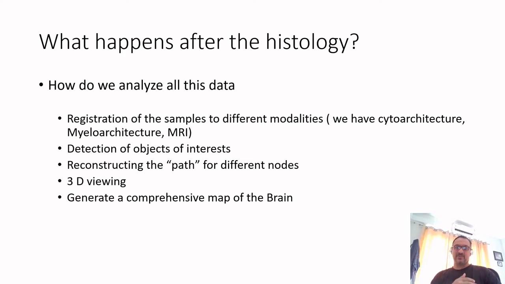The third thing is to get a 3D reconstruction of all my cells and all my connections. And then eventually, if I have enough samples, what I generate is a comprehensive map of the brain itself.